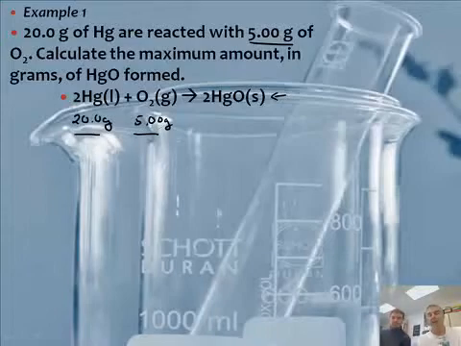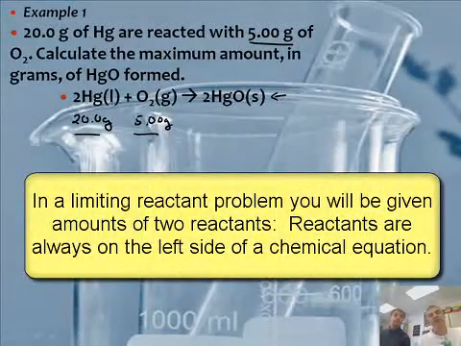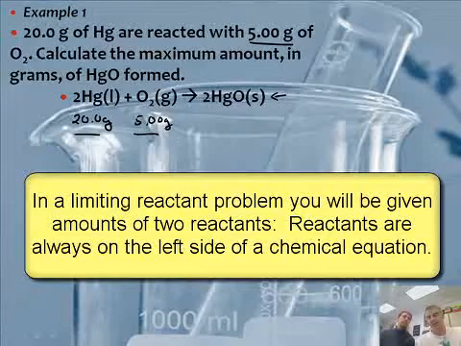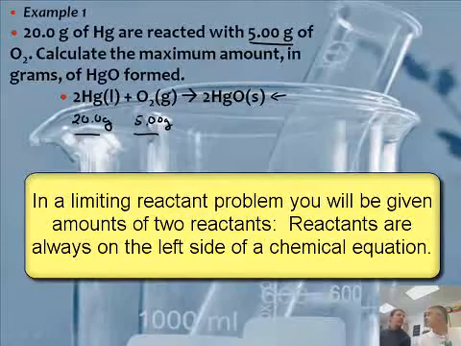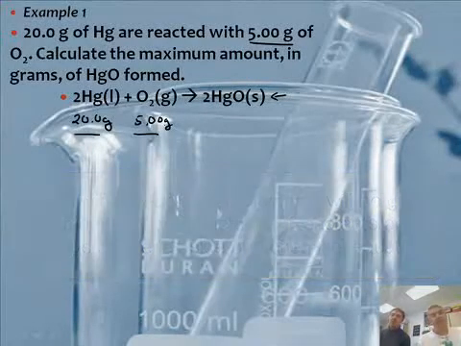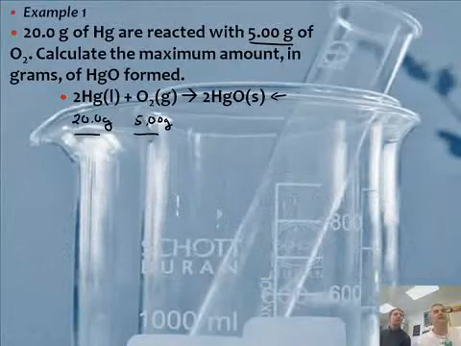There are no amounts of products, since it is called a limiting reactant problem. So, if you see two numbers of reactants, you are most likely dealing with a limiting reactant problem. I would say 99 times out of 100, and probably in this class it would be 100 out of 100.